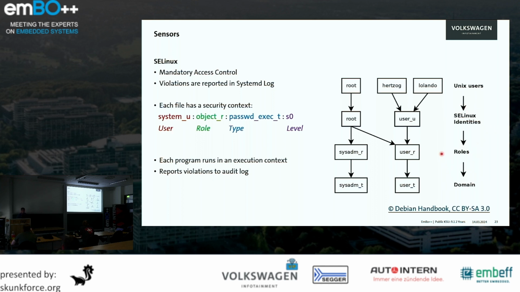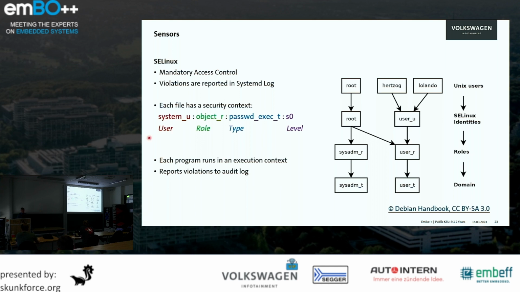All files in your system need some additional information. You might know how it works in a classic Linux system: you have an owner and a group. Then you get these additional fields from SELinux, with the SELinux user and SELinux role. We won't look into type and level; they are for specific policies and quite complicated.